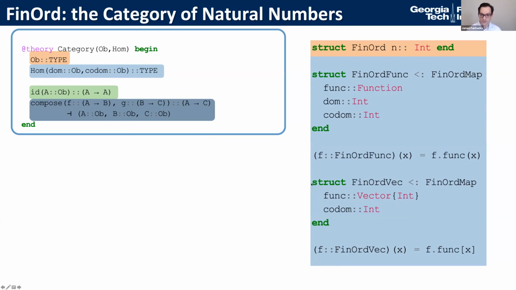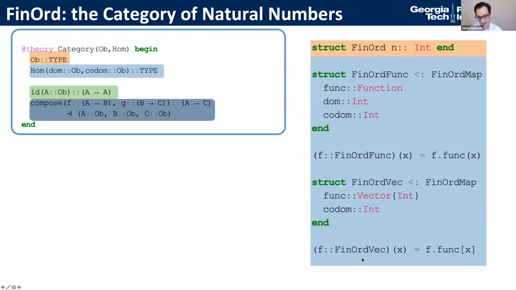And then there's another way to store them, which is as FinOrd vec, where you store the function as a vector of integers. So there, the index set of the vector is the domain, and then the entries are the images, like the range. So it's the mapping from things in the domain into the codomain. And you still have to store the codomain explicitly in this structure.